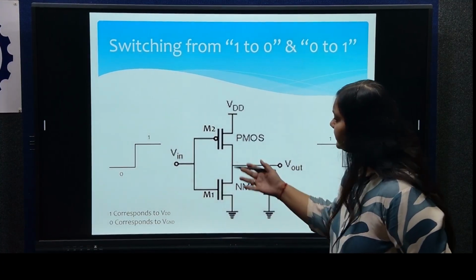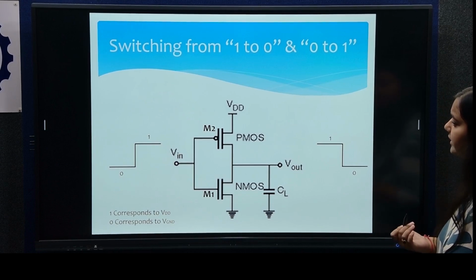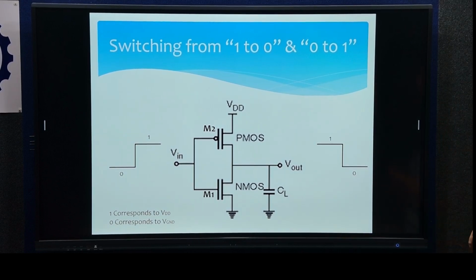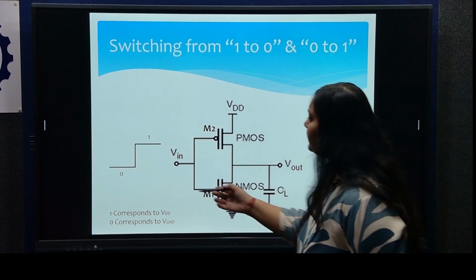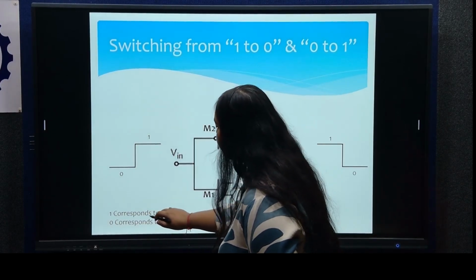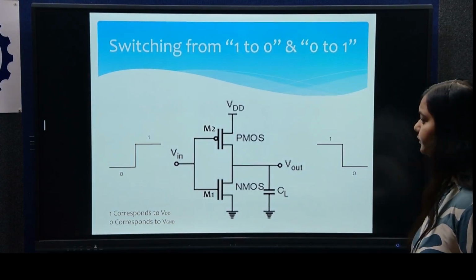So as we discussed, this is the basic circuit design of static CMOS. CMOS is also useful for switching from 1 to 0 and 0 to 1. Here are the input pulse and output pulse. Here 1 corresponds to VDD and 0 corresponds to ground.